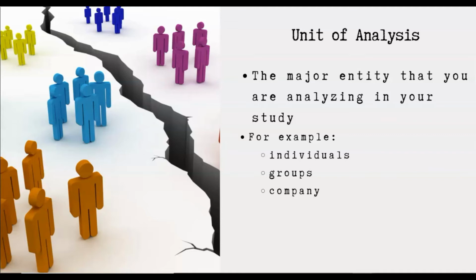A unit of observation is the item that you observe, measure, or collect while trying to learn something about your unit of analysis. For example, individuals, groups, company, and etc.